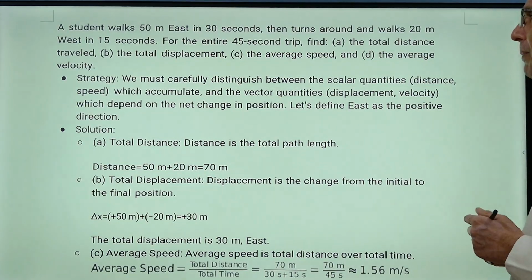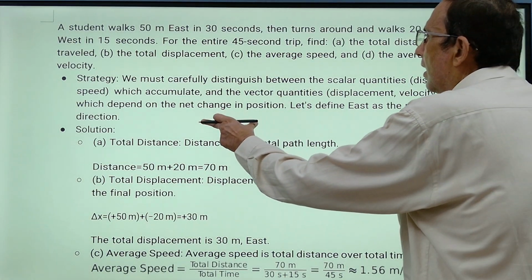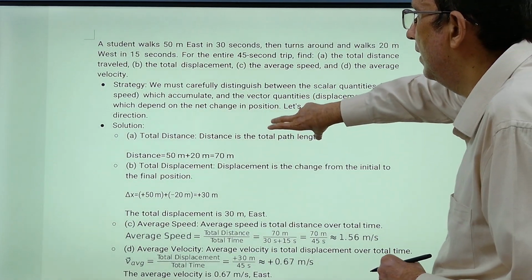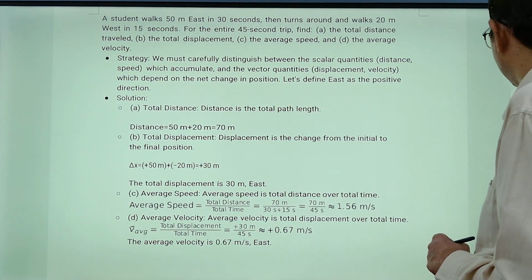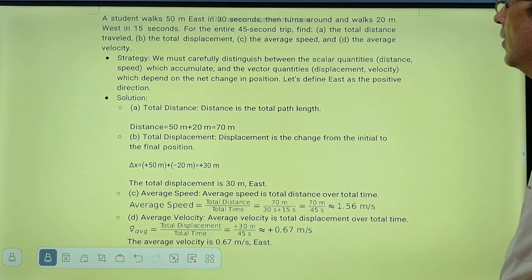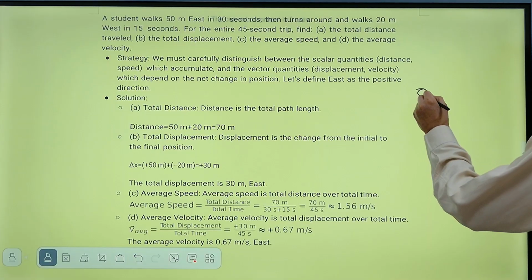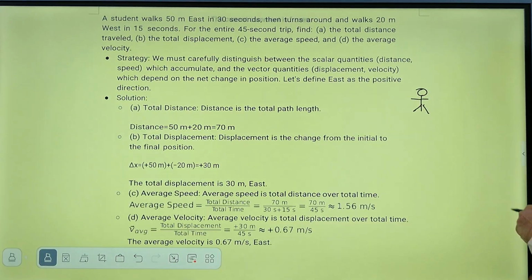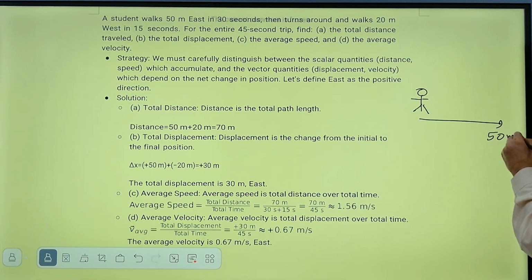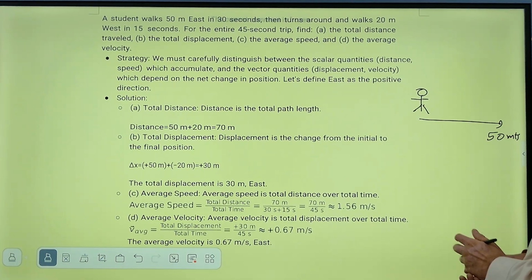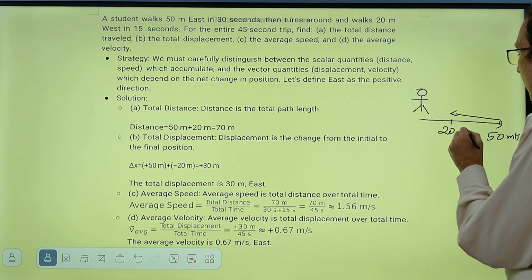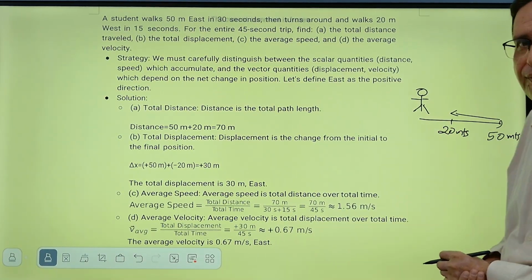So basically you have a student here, which is moving 50 meters east, then turns around and walks 20 meters, for the entire 45-second trip.